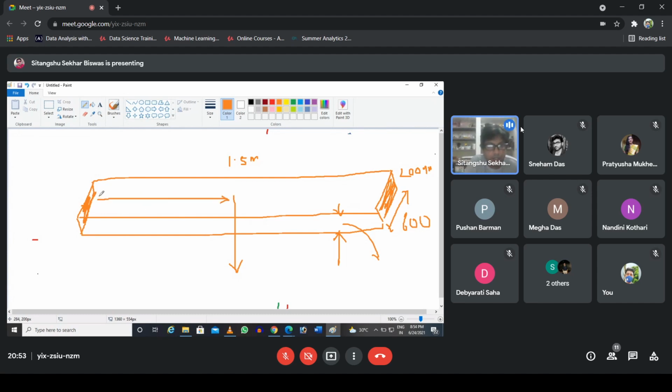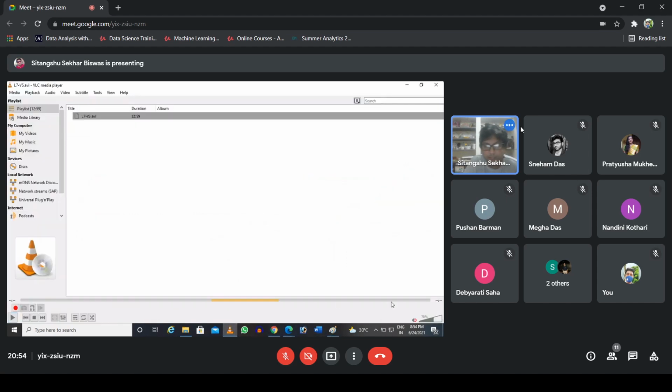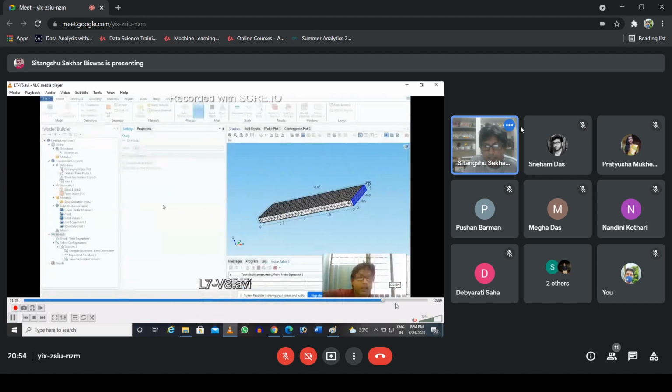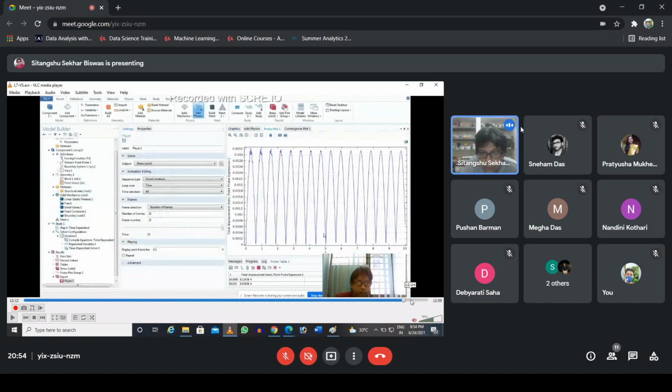So you divide this distance into equal parts, and you plot from here the first 4, and we'll see how the intensity of the vibration changes. If you see here, let us open that.